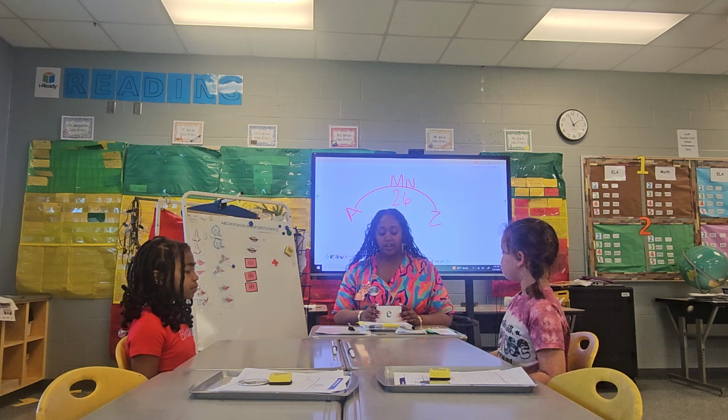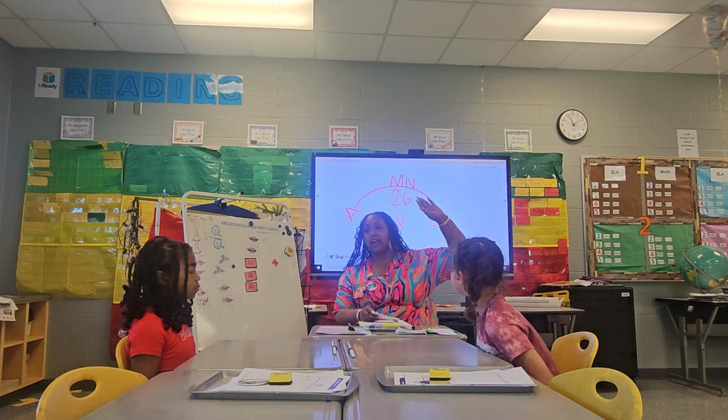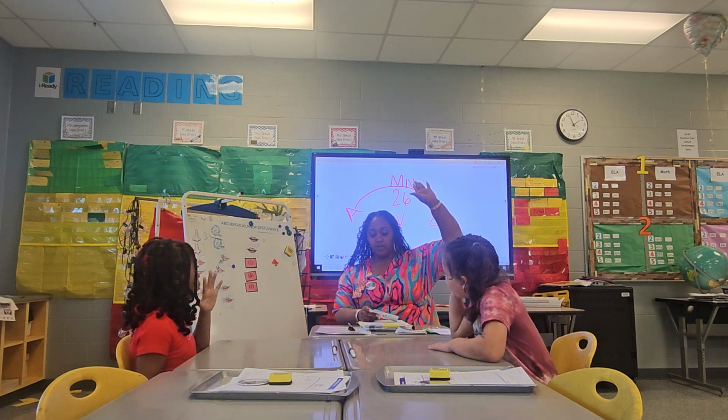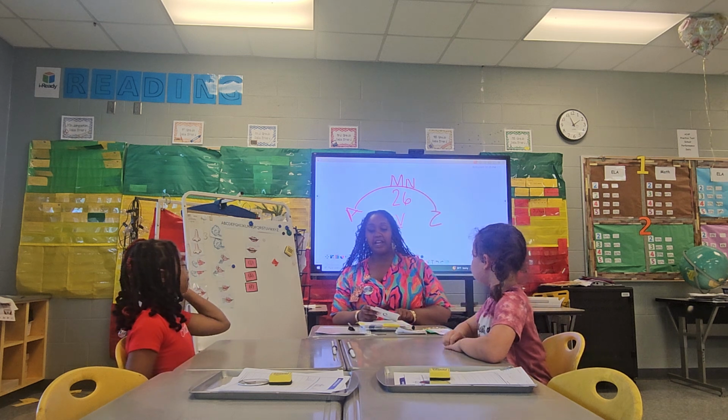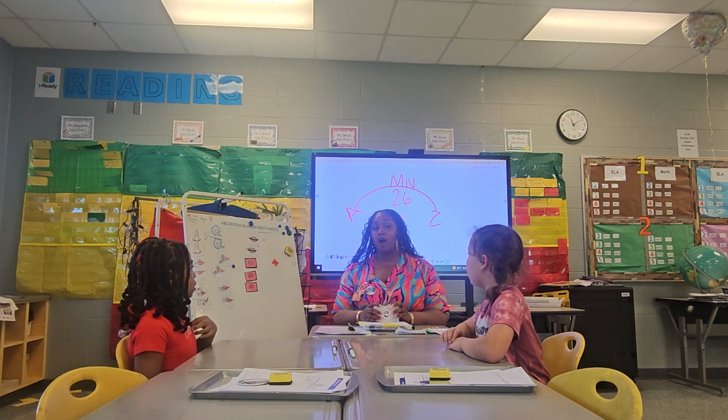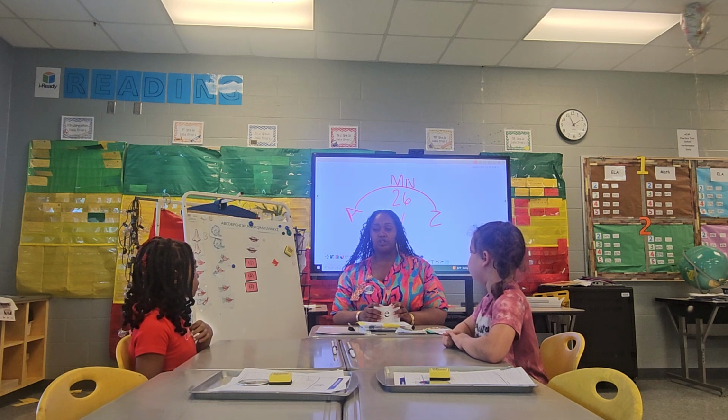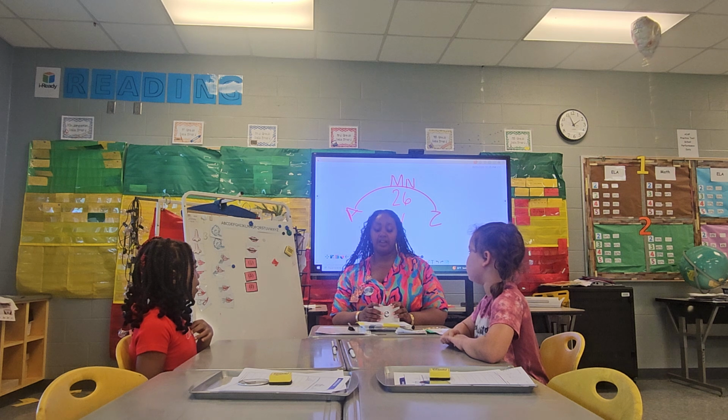Alright, and for the closure, our left hand is our beforehand. The letter before S is R. The letter before G is L.